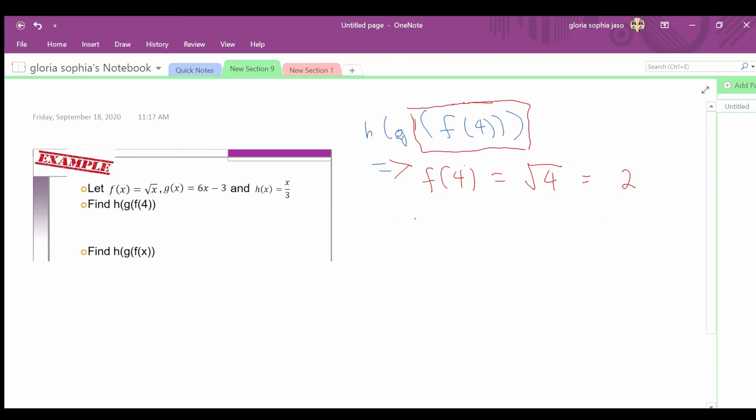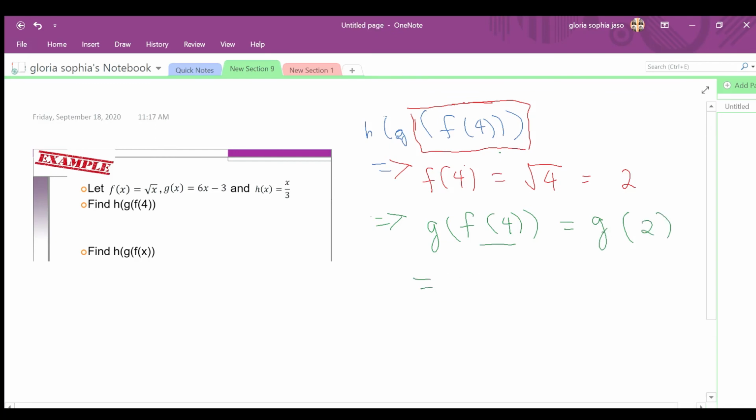Okay? So, ngayon, sa substitute naman natin, dito naman tayo ngayon, class, sa second part. Okay? So, ito naman, g of f of 4. So, alam na natin na yung f of 4 natin is 2. Ayan. So, itong f of 4 is 2 na. So, pwede na nating i-substitute.